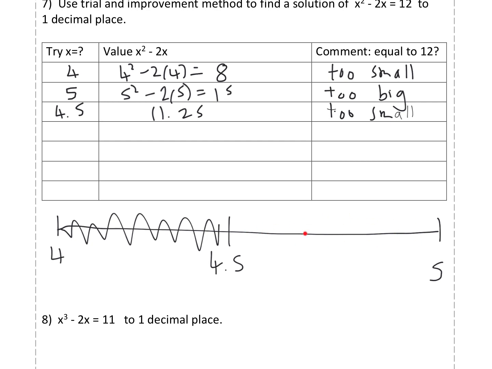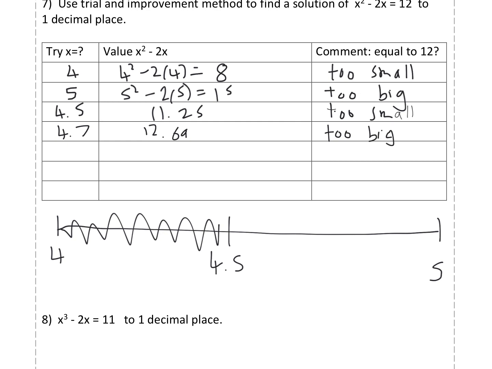So now I'm going to look at numbers between 4.5 and 5. I'll choose 4.7, make a bit of a jump, might be helpful. 4.7 squared minus 2 times 4.7 gives 12.69. So I've jumped too high because that is too big.